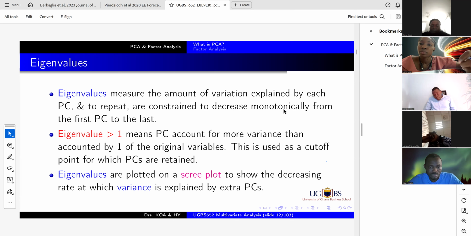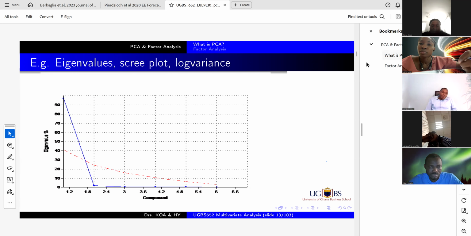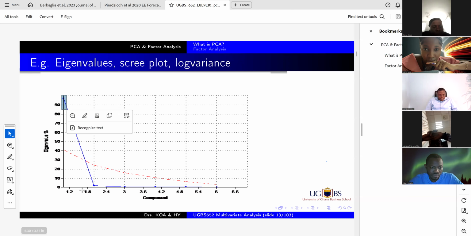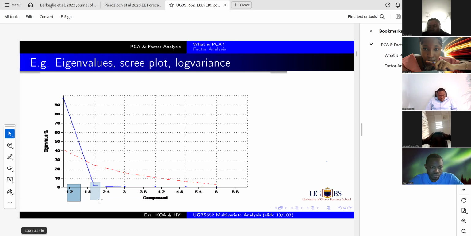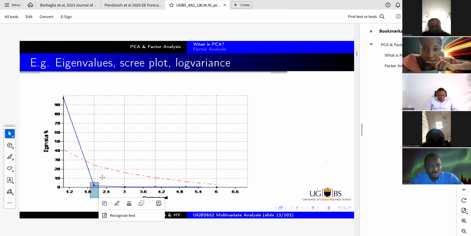Sometimes, like I said, this is theory, but as you do the practicals, you understand. So this is a typical example of what I mean. The eigenvalues are here, and the first principal component, number 1, started at 1.2. At point number 2, principal component 2, you will see that the scree plot is bent.